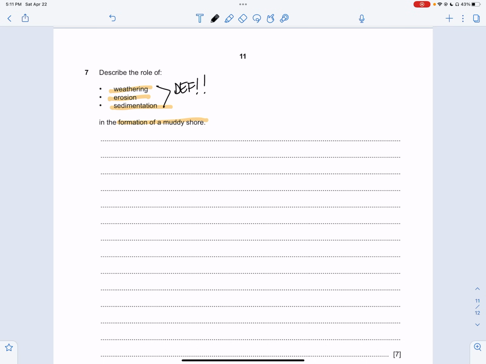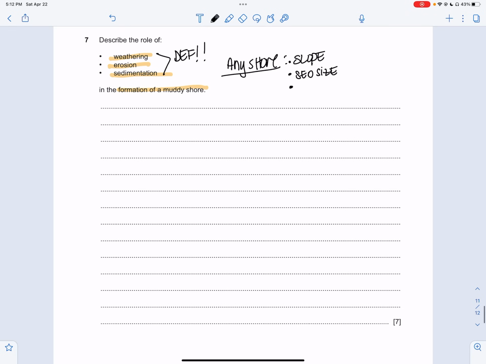But we just got to be fancy and say, give rise to. When we're talking about forming of a muddy shore, or any shoreline, things you want to talk about: what is the slope like? Make sure we mention the slope, the sediment size or sizes. Muddy shores have the smallest sediment sizes, and the smallest specifically being silt.